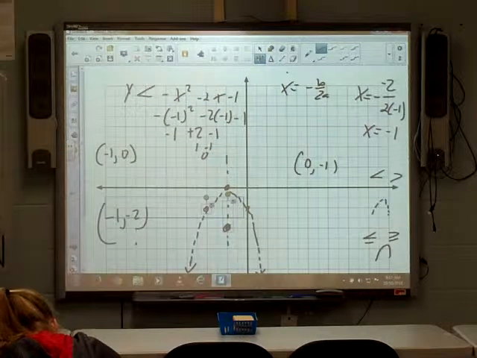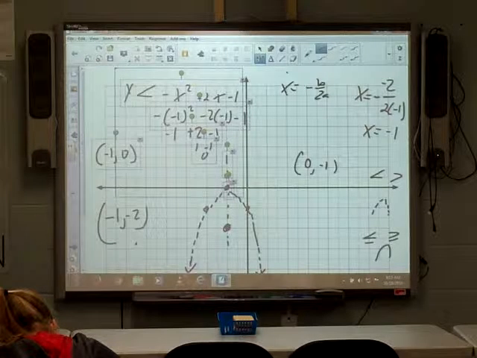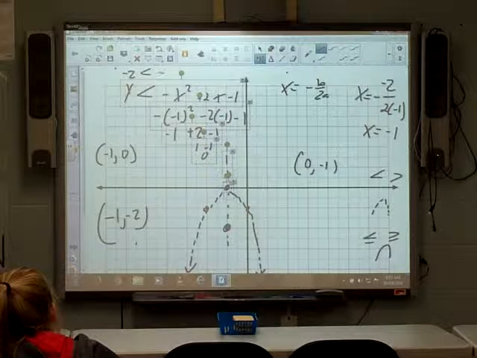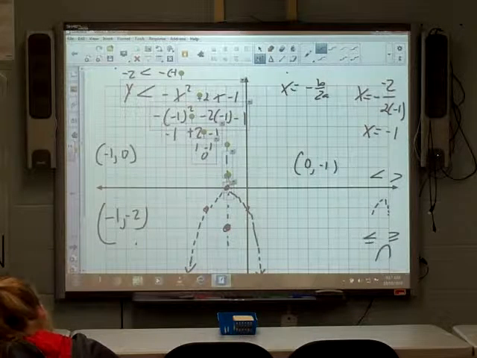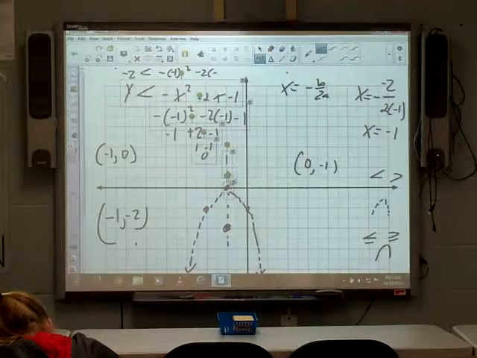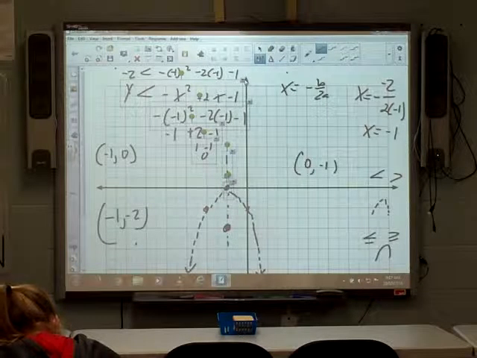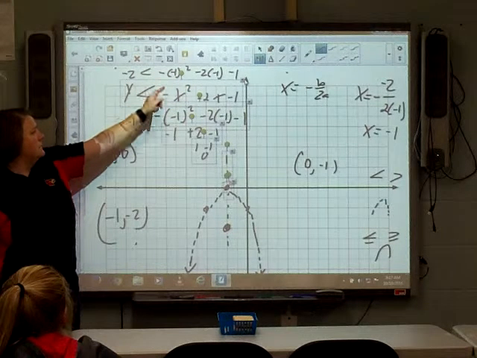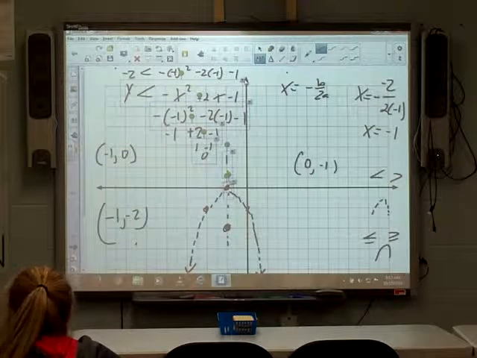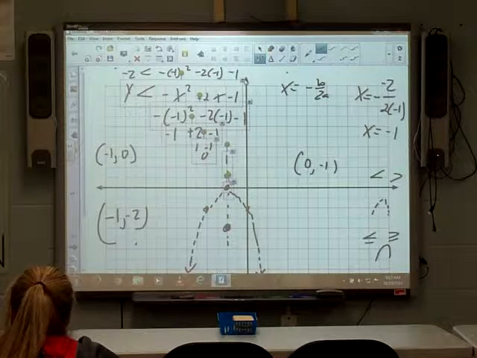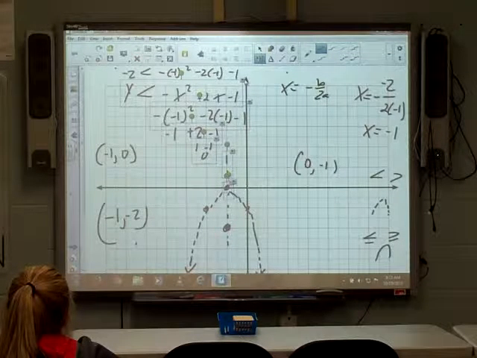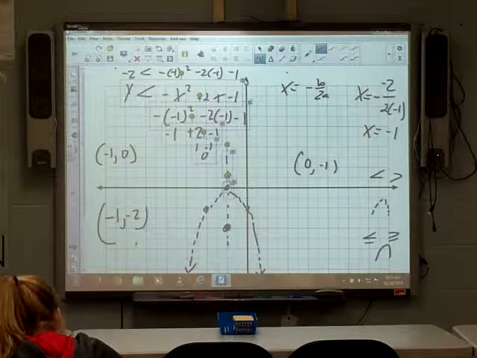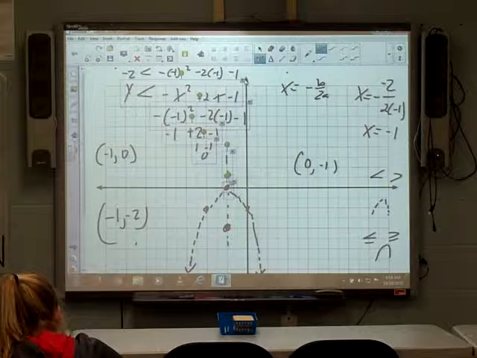So my y is -2, and x is -1. -2 is less than... -1 squared is 1, -1 times -1... then I got -2 times -1, and then I got -1 again. -1 plus 2 is 1, and 1 minus 1 is 0.